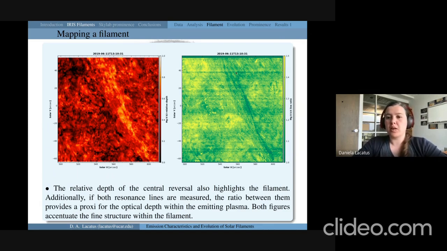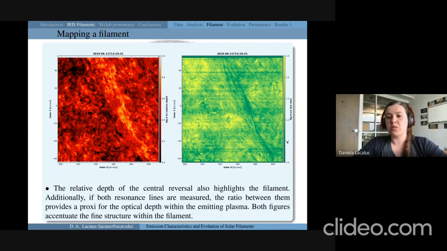So here we have a very dark region which corresponds to the spine of the filament. This corresponds to the spine of the filament that has a very low ratio between these two. This indicates that the material is very far from the optically thin condition that will make the ratio between these two lines 2:1.